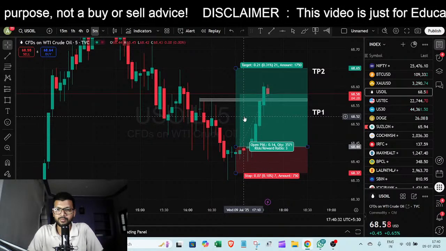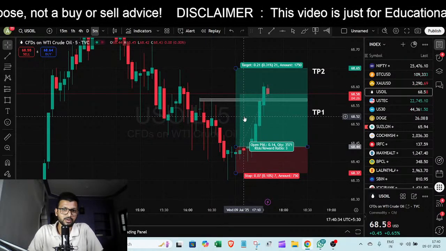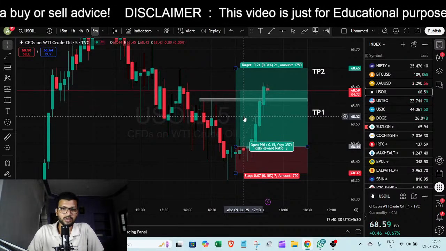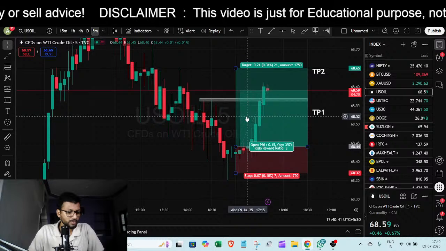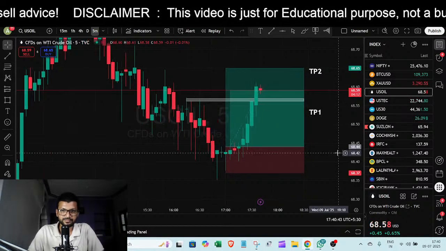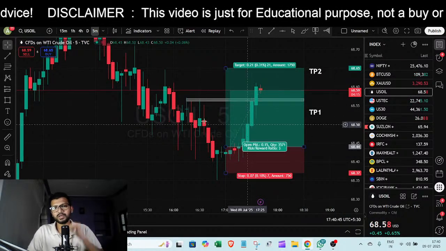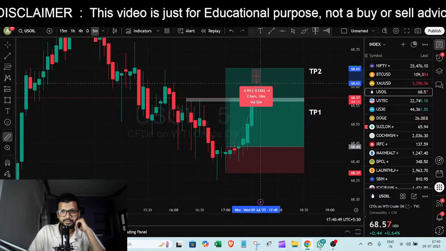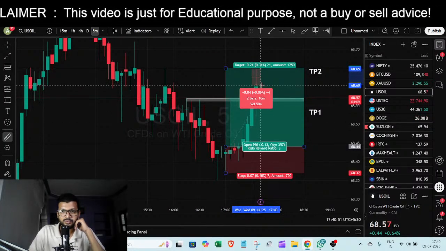So at minimum, at least the TP1 target you will be taking home, without any SL or cost to cost. Almost near to our TP2, just 0.04 points.